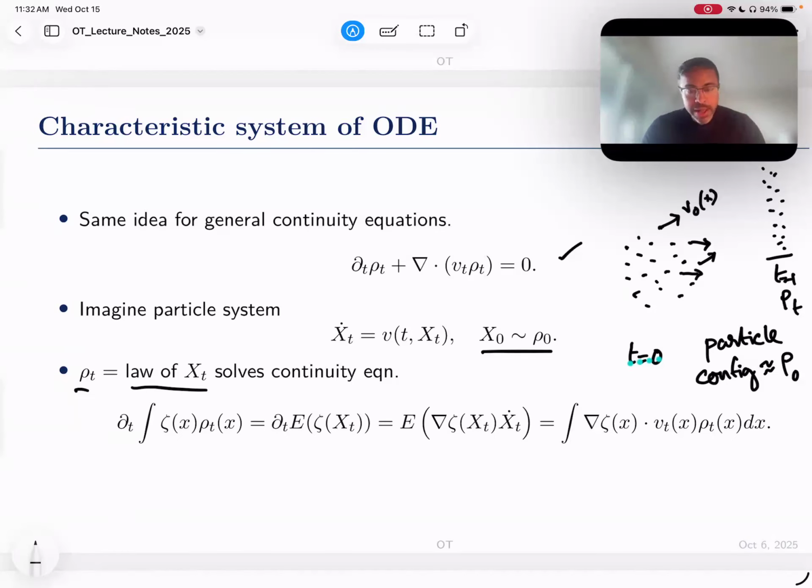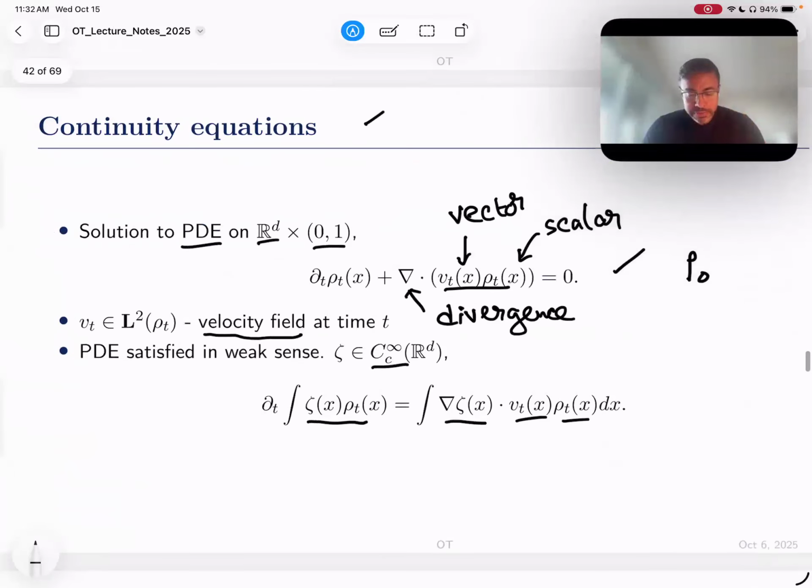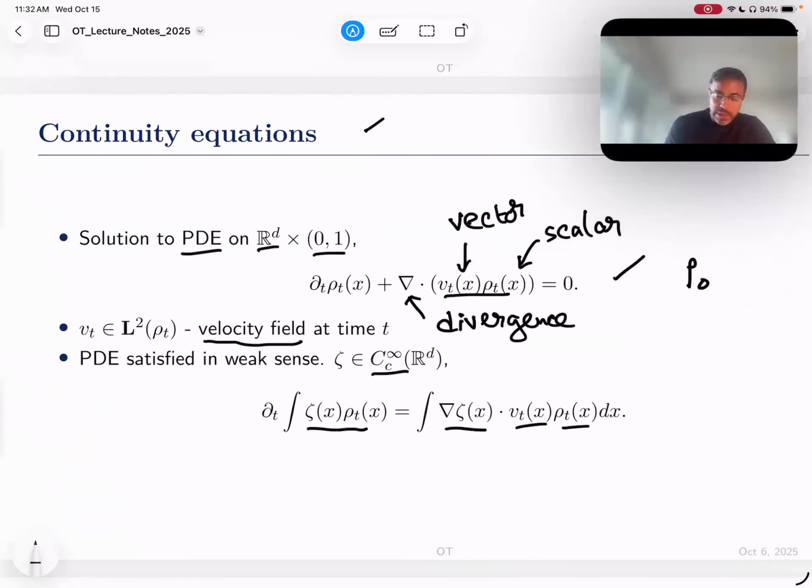So remember, let me go back to the definition. I need to check the following, that for every compactly supported smooth test function, if I look at the integral of this test function with respect to rho t, and I take the time derivative of this object, then I should get the gradient of the function times the velocity vector v t integrated with respect to rho t dx.